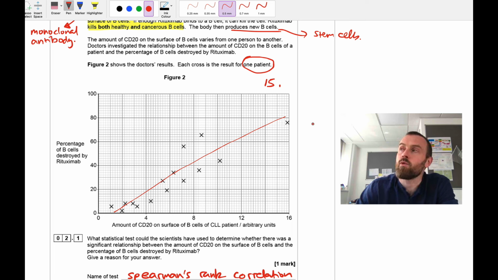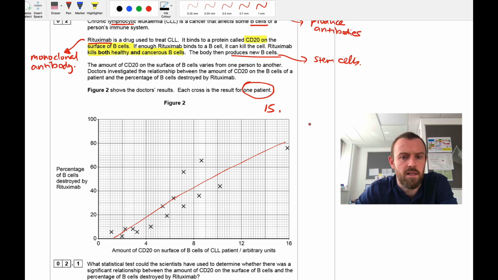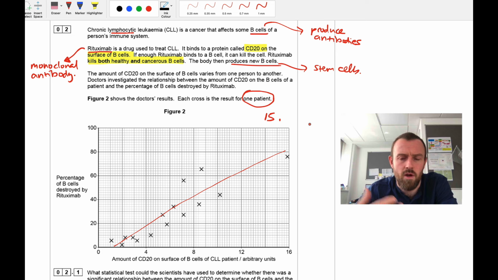That would mean that potentially some B cells would not be destroyed, and they could go on to divide again to become cancerous again. I presume this CLL is B cells dividing and becoming too high in number. That is what leukemia is. So that's 2 points.